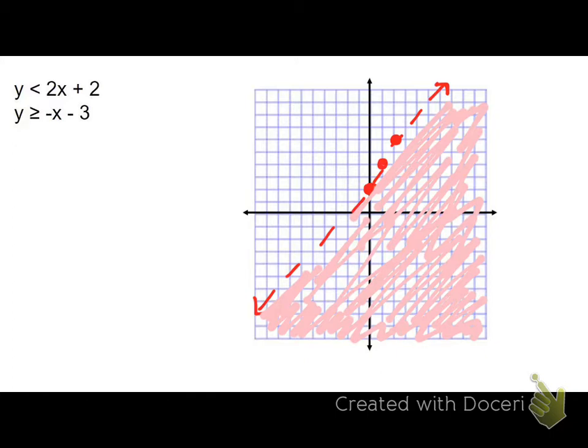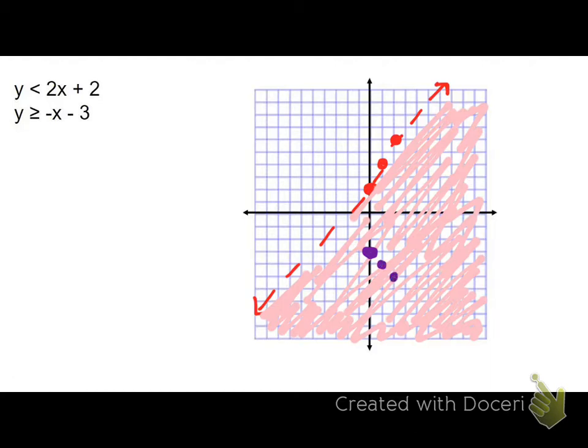Let's graph my next line. If it's a negative x, would it be negative 1 over negative 1 or negative 1 over positive 1? It'd be negative 1 over 1. Okay, so my y-intercept is negative 3, so I'm going to count down 3 here. Josh had a good point. My slope is negative 1 over 1, so I'm going to go down 1 and to the right 1.